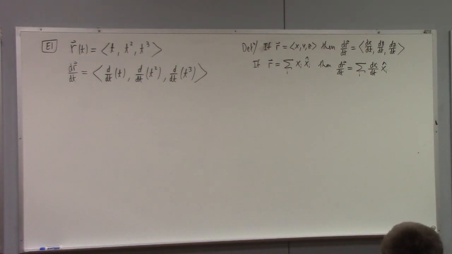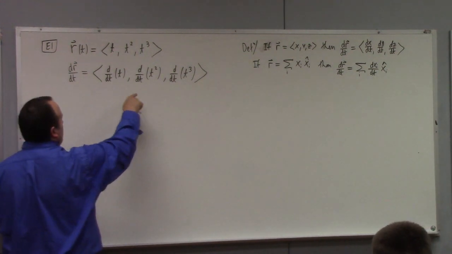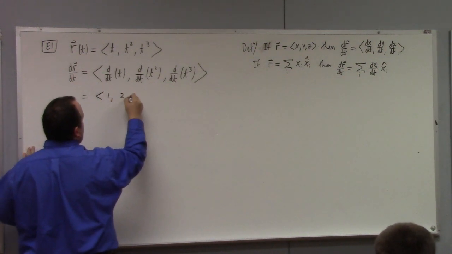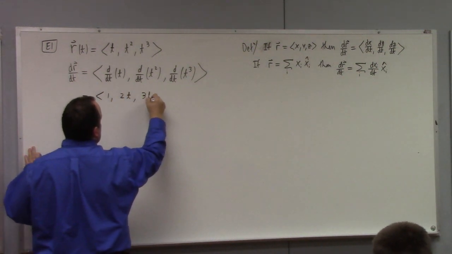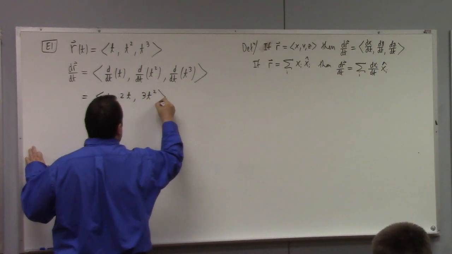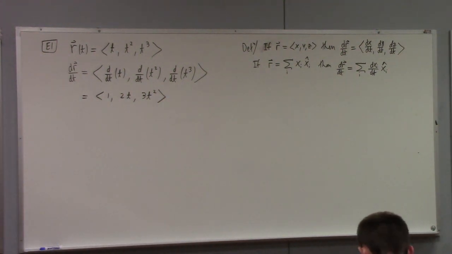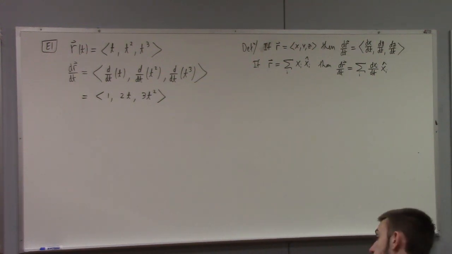That's it. And if any one of those derivatives doesn't exist, we say that the space curve is not differentiable, all right? So what's this? We've got 1, 2t, 3t squared. Now, that is itself another space curve, isn't it? I mean, you could think of it that way.